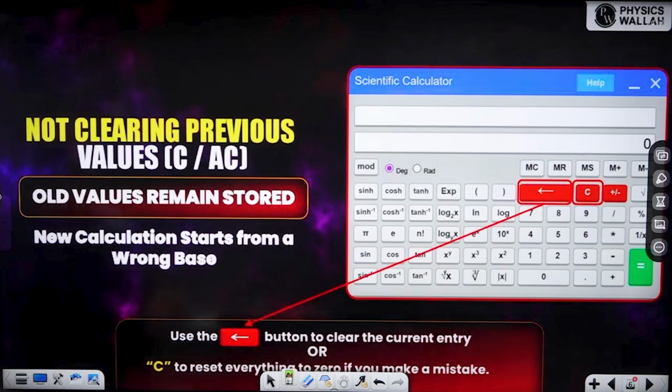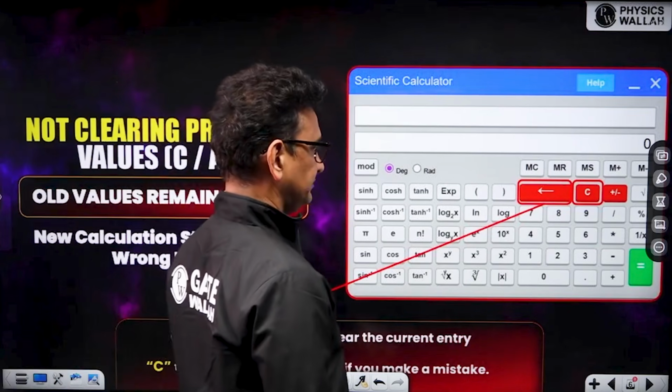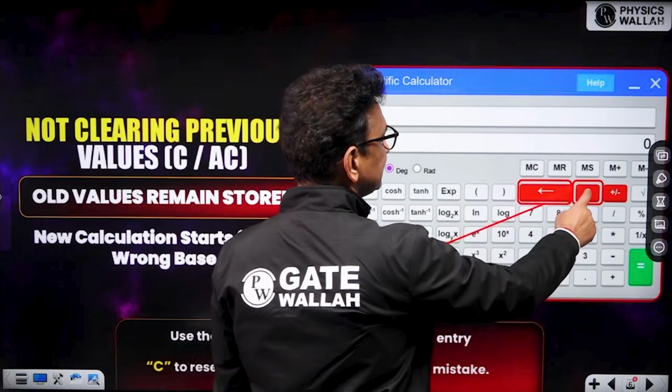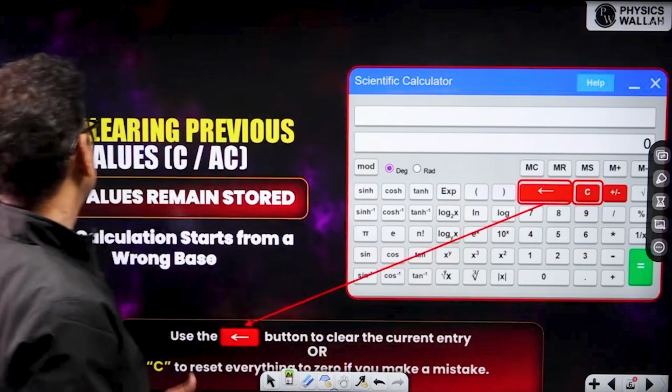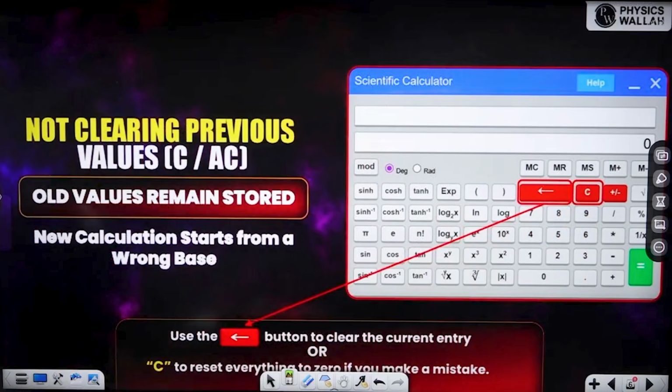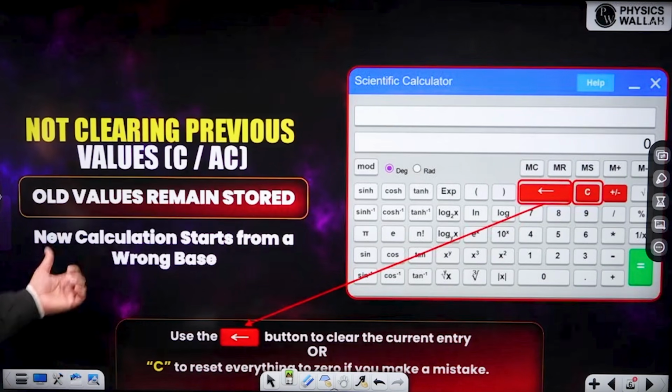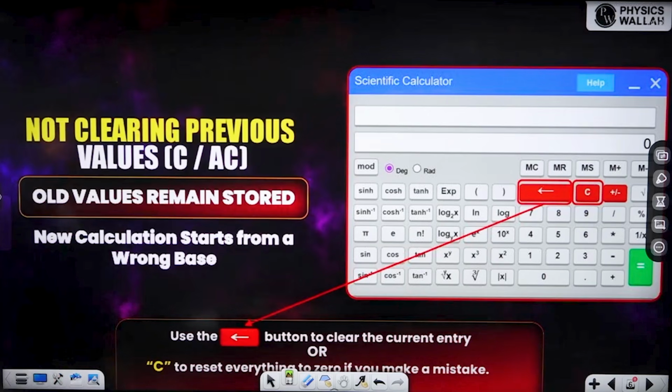So it is always better, before starting a new calculation, to press C to clear the previous data from the calculator. The old value always remains stored, so make sure you have cleared all the previous values, otherwise the new calculation starts from the wrong base.